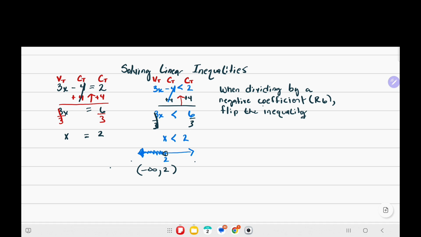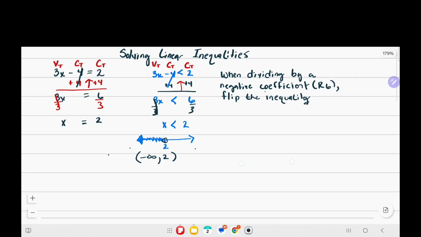All right, before we leave this, let's explain what's going on. All the numbers that are less than 2 include 1, 0, -1, -2, and so on. Any number I can put back into these equations will make it true.